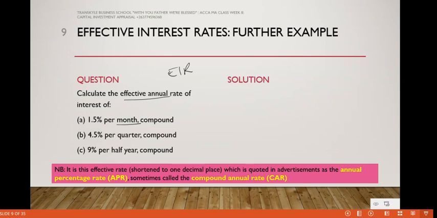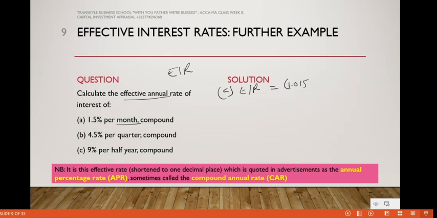For A, the effective annual interest rate is going to be 1 plus R, that is, our R is 1.5%, so that's 1.015.